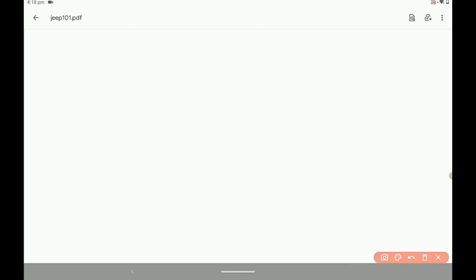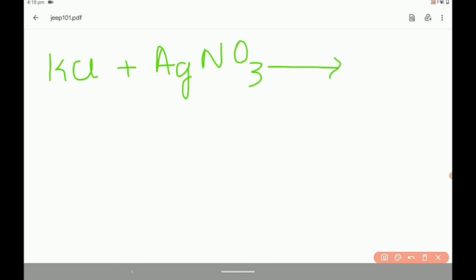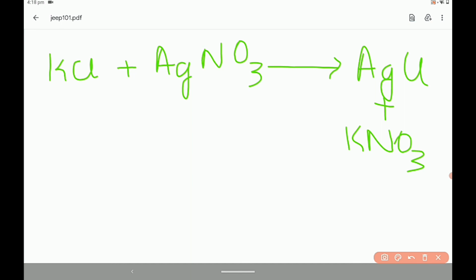So it is potassium chloride KCl. It is reacting with silver nitrate AgNO3. You know that it's a double displacement reaction. It gives AgCl plus KNO3. Now this is balanced, and they're telling an insoluble white substance, that is basically a precipitate.